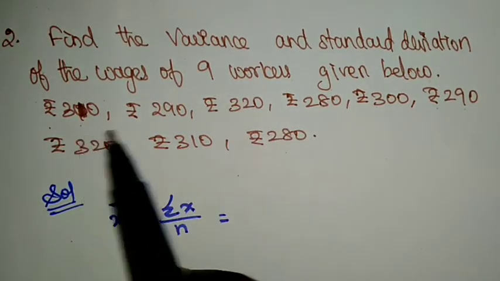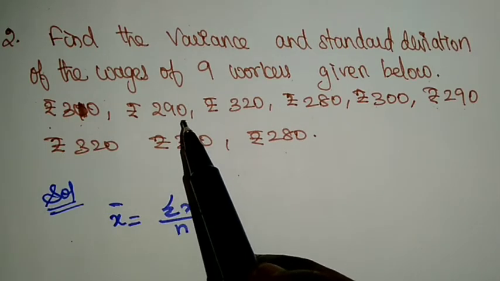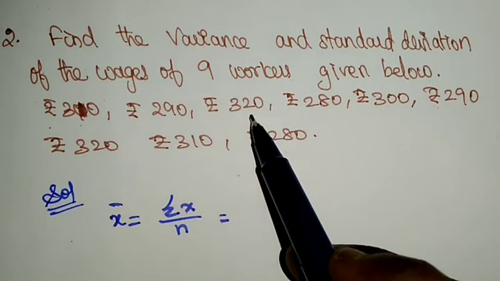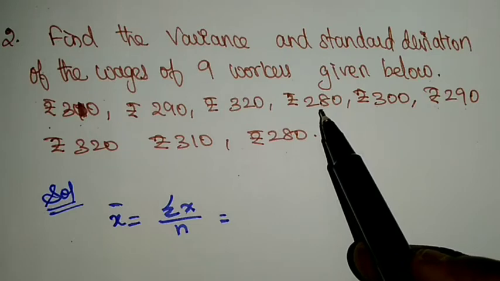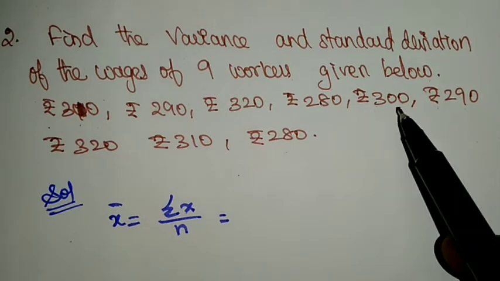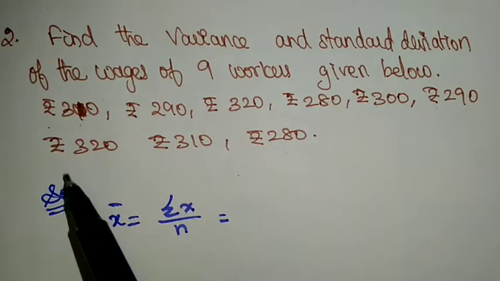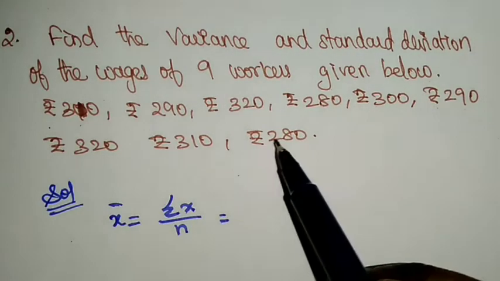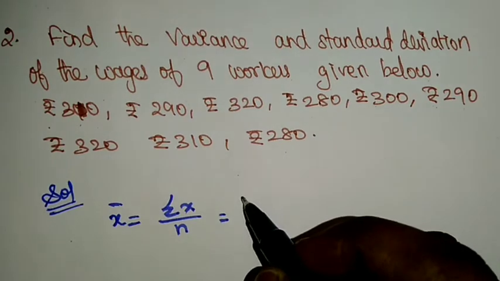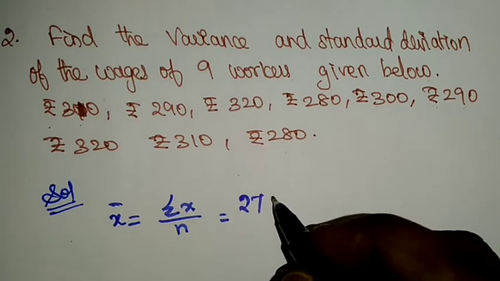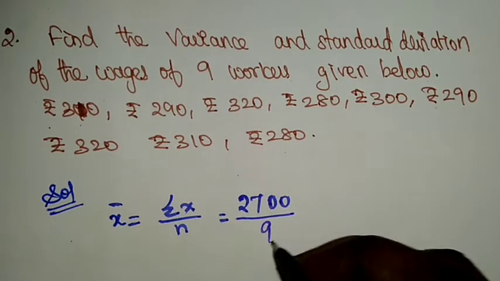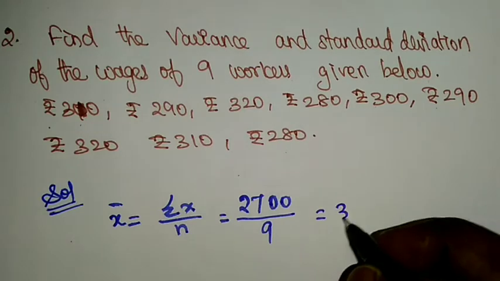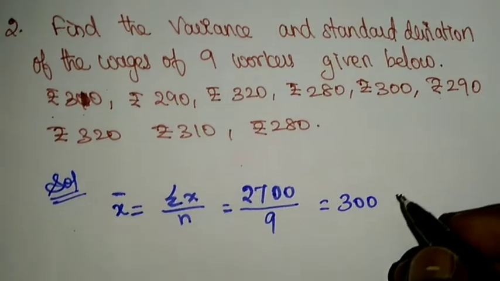So 310 plus 290 is 600, plus 320 is 920, plus 280, plus 300, plus 290, plus 320, plus 310, plus 280, we get 2700. That means 2700 divided by 9. Here it cancels, we get x bar is equal to 300.